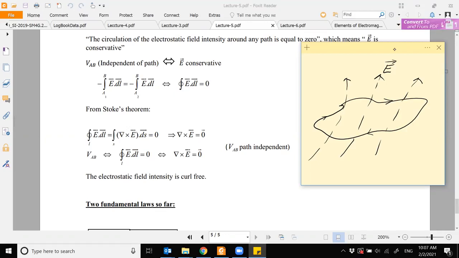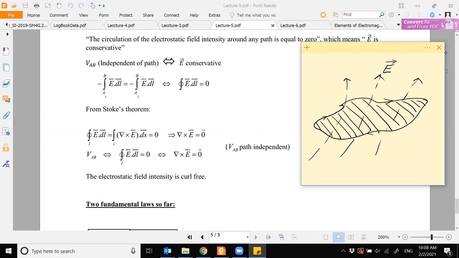And if you apply the Stokes theorem, it is saying that this will be the same as taking the curl of this electric field and integrating it over the surface. This is the surface area which is enclosed by our closed path, right?